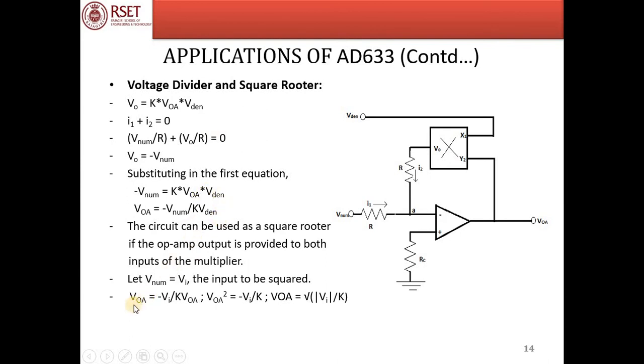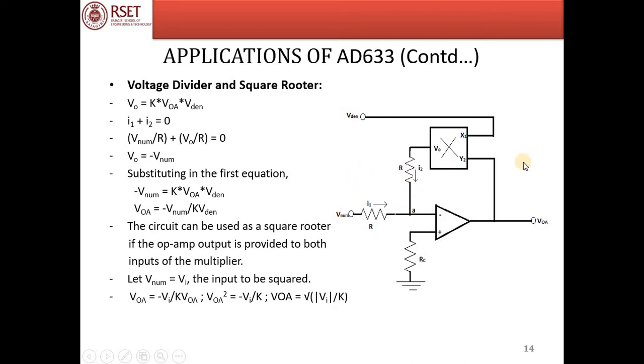Substituting in the equation, VOA equal to minus V numerator. What is V numerator now? It is Vi, the input that needs to be squared, divided by K into V denominator. V denominator is being provided the output of this op-amp, VOA, so by K into VOA. So we get VOA squared equal to minus Vi by K, or VOA equal to square root of modulus of Vi by K.